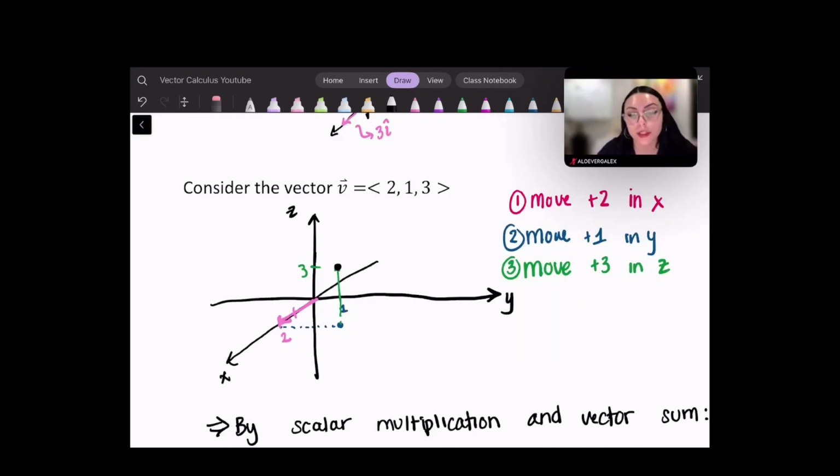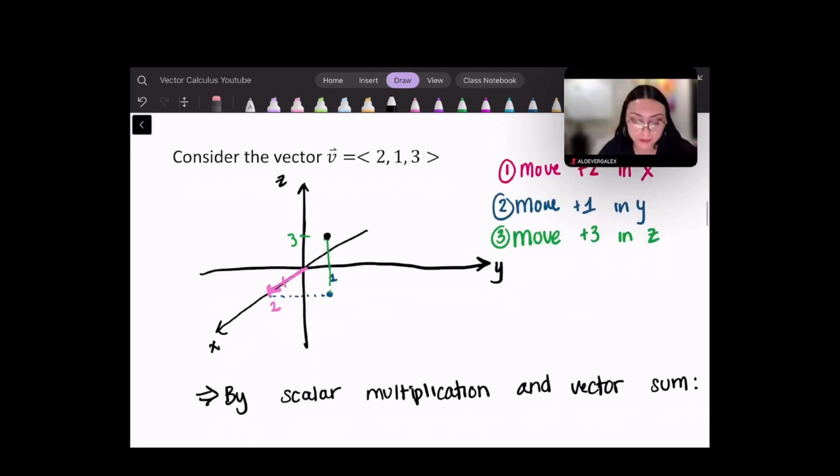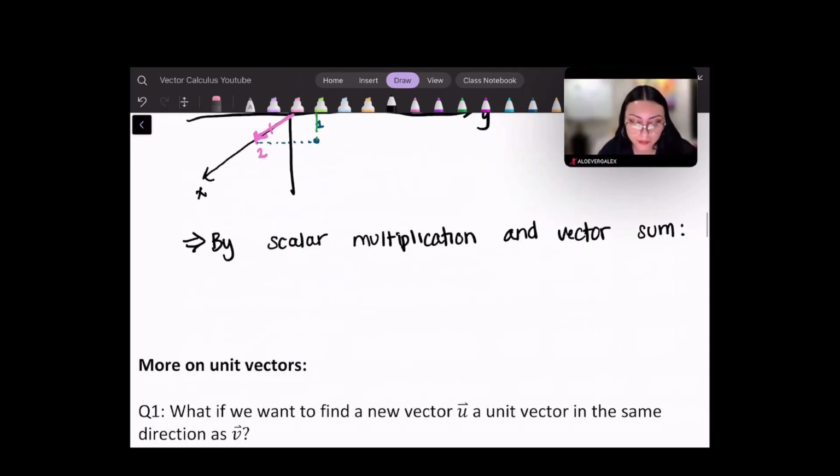This vector tells us where to go, in other words, which direction to travel, and how far in that direction we should travel. And this is precisely what I meant by, in the first video, where I said that vectors give us a notion of where to go, right? Okay.